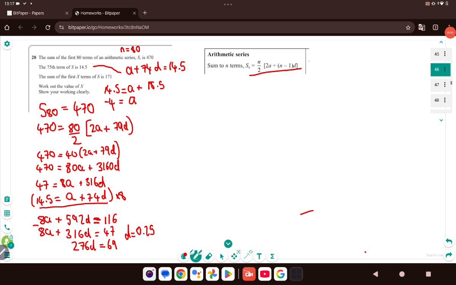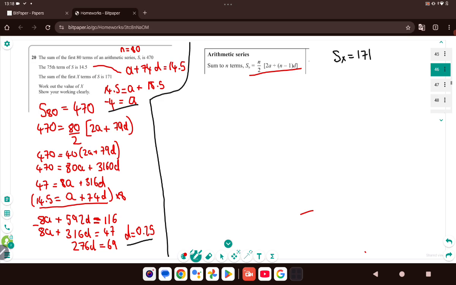Okay, next step here. We just change the colour. So we know a and d at least now. And we know the sum of the first x terms is 171. So S of x is equal to 171.